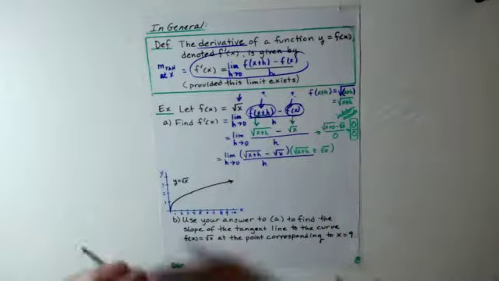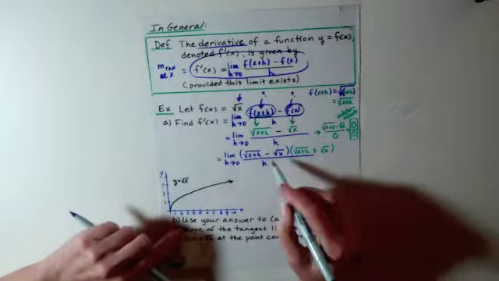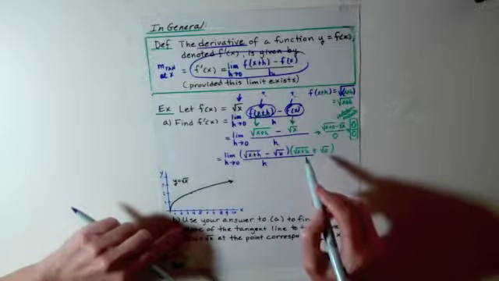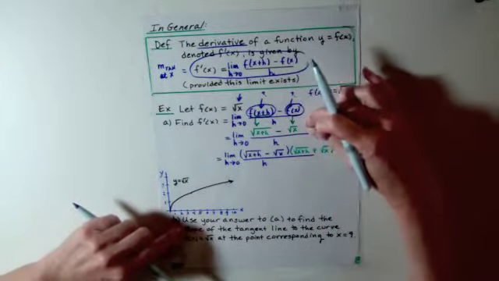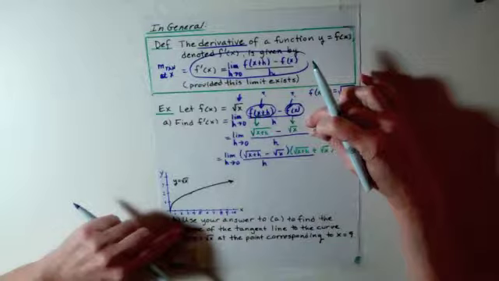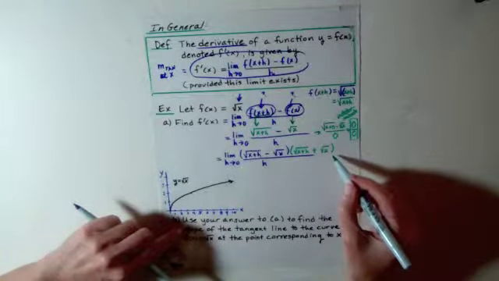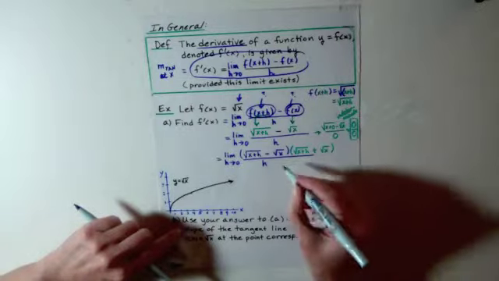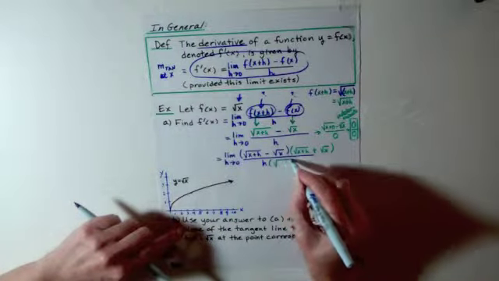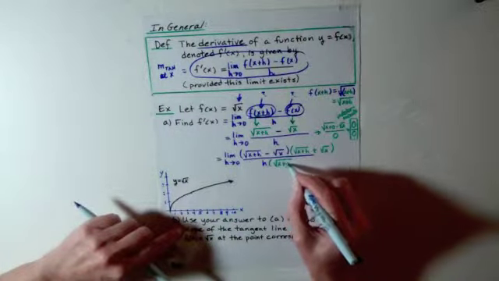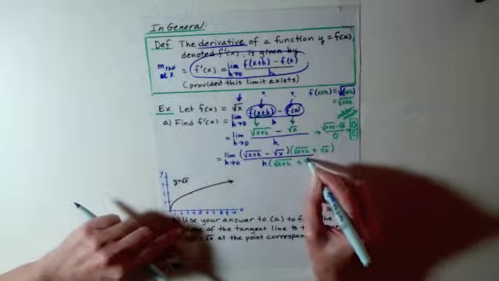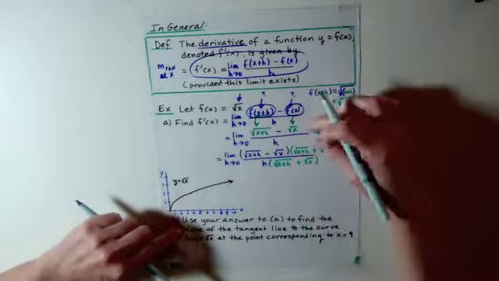Well, am I allowed to do that? Can I just multiply the top of my expression by something and expect it to be equal to the expression in the previous line? Unfortunately, I can't. If I multiply the top of a fraction by something, I have to multiply the bottom by the same thing in order to keep the expression equivalent to what I had in the previous line up here.